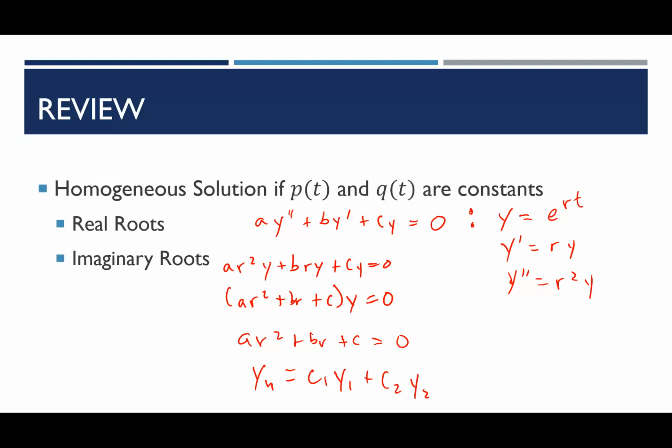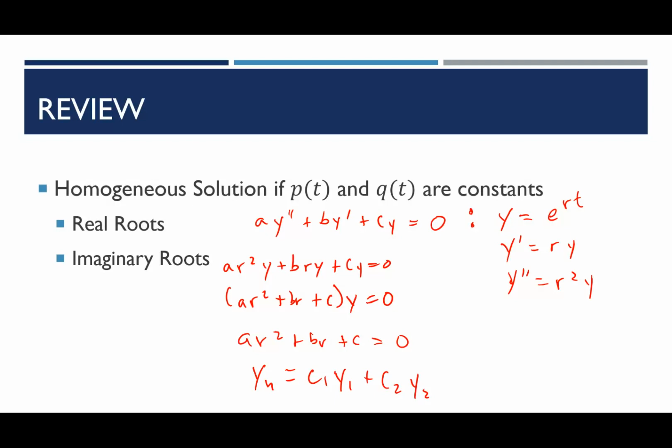What about if we have imaginary or complex roots? What do we do if they're imaginary roots? You put it in the form of sine and cosine, because according to Euler's formula, e to the i theta is cosine theta plus i sine theta.